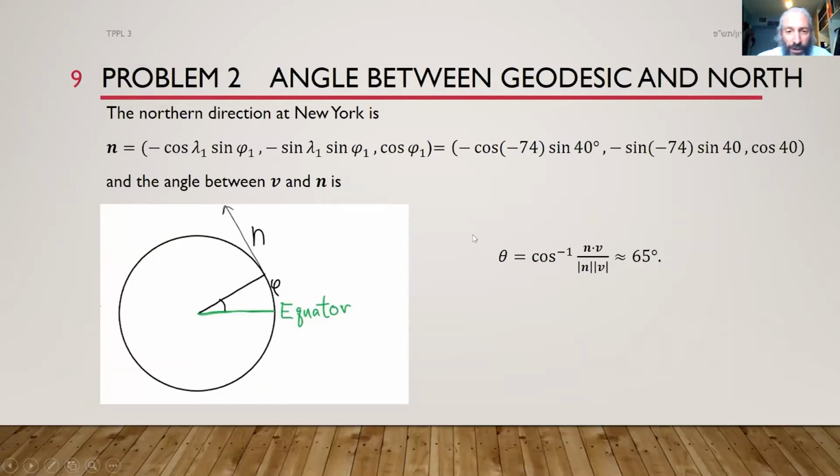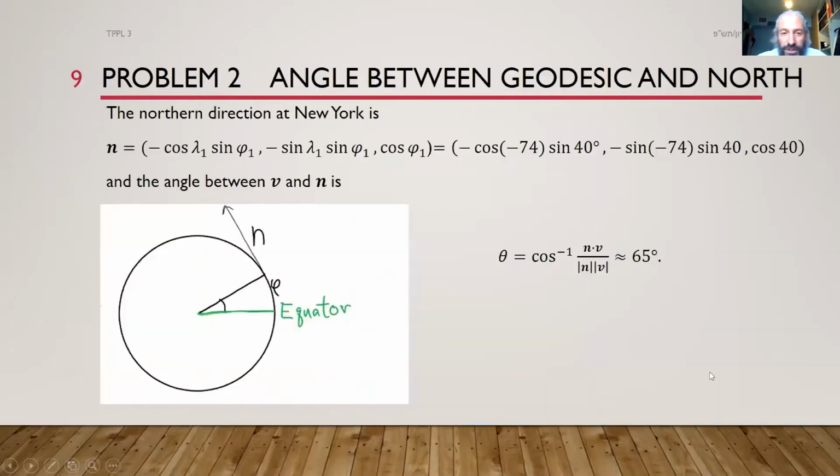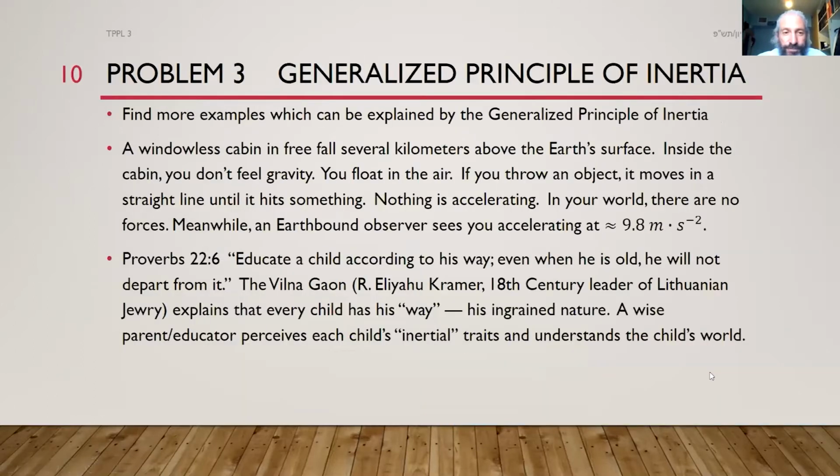You plug in all the numbers and let Mathematica crunch it out, and we see that the angle is 65 degrees, which means that if you want to leave New York, you should take an angle that's 65 degrees from due north, so about 25 degrees from due east, and you'll get to Madrid the fastest way.